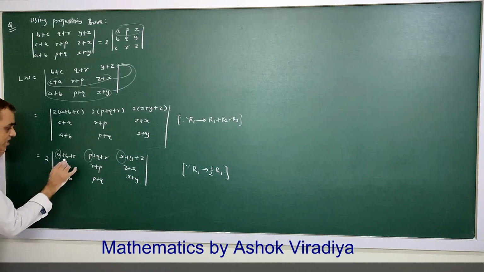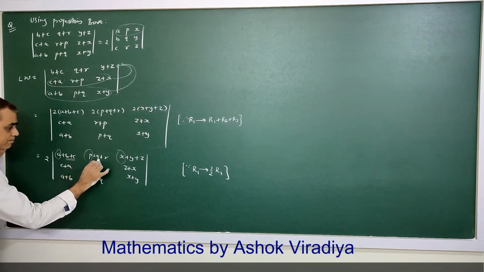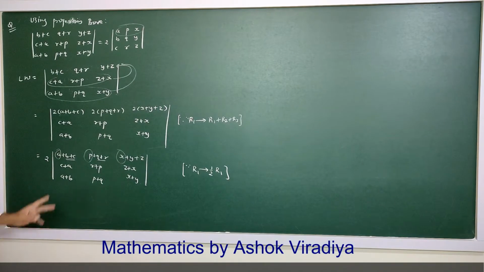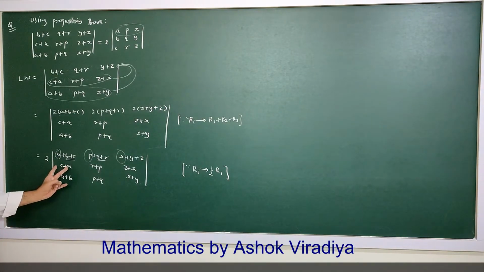So this is the unwanted part, B plus C, Q plus R. But here in the second row, we don't have B plus C. Here also we don't have B plus C. So directly we cannot eliminate B plus C.